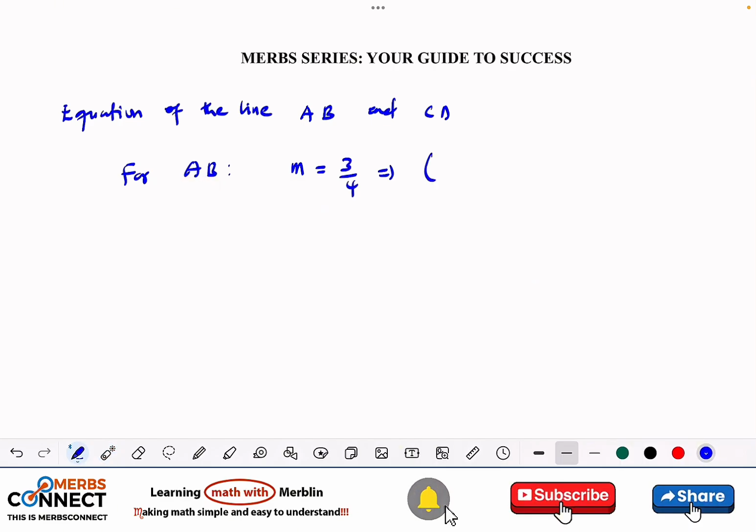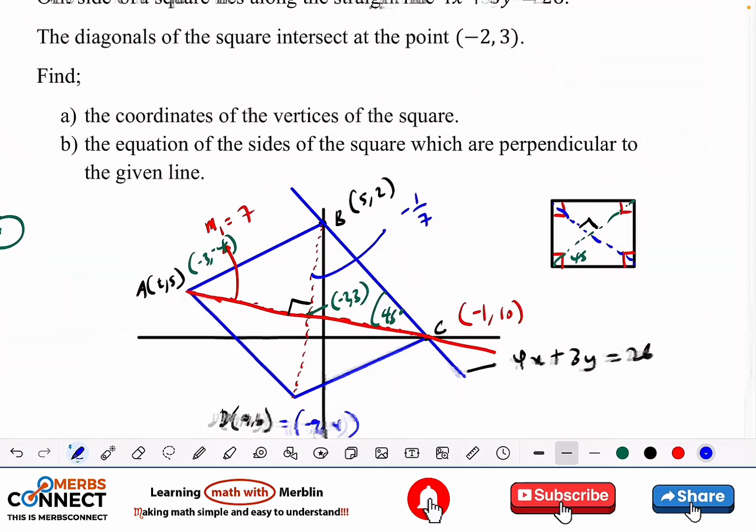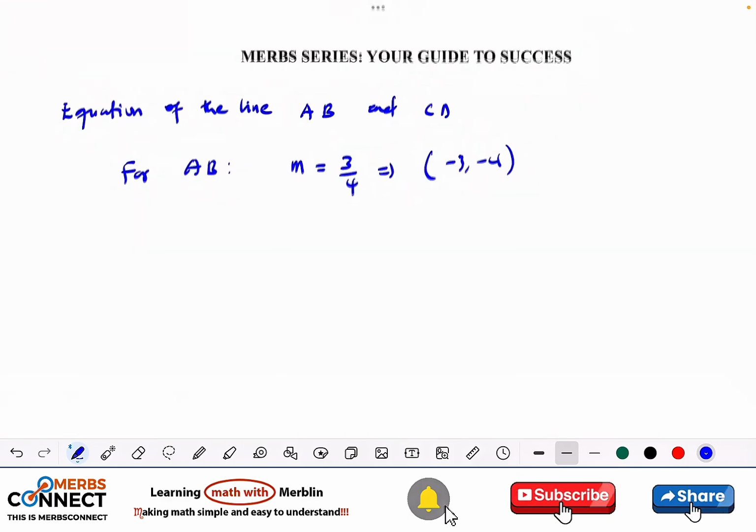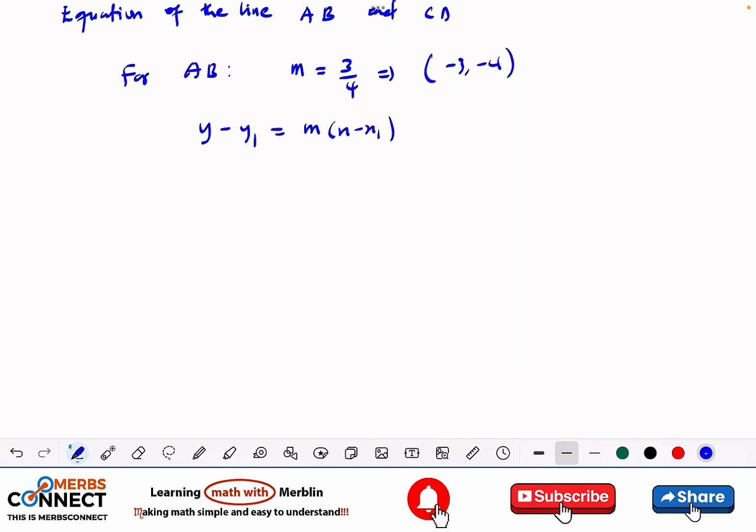So if I pick point A, it was, I think, minus 3, minus 4. Let me check it out. Minus 3, minus 4. So the equation will be y minus y1 is equal to m times x minus x1. Let's just do substitution and we are done with this.